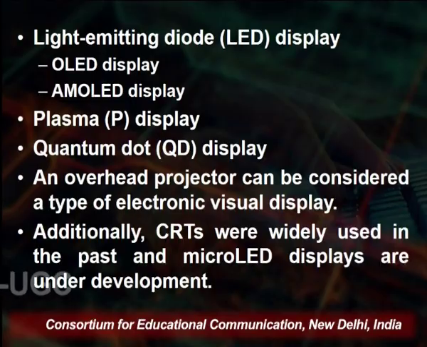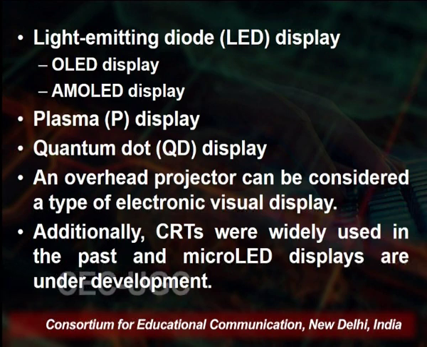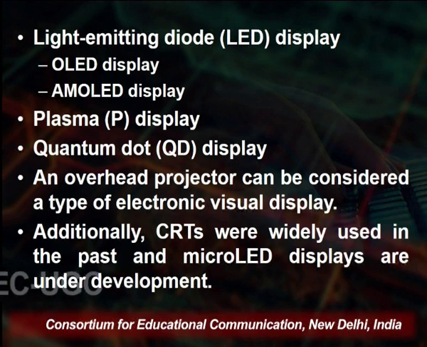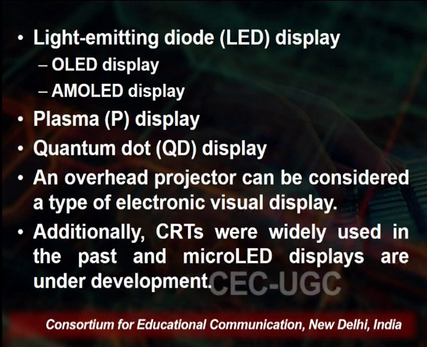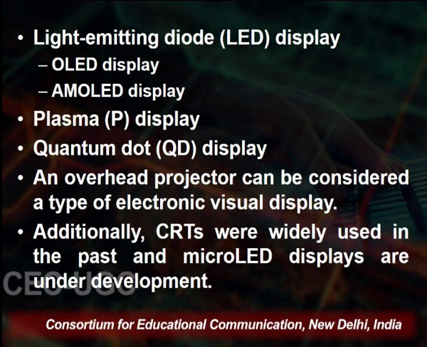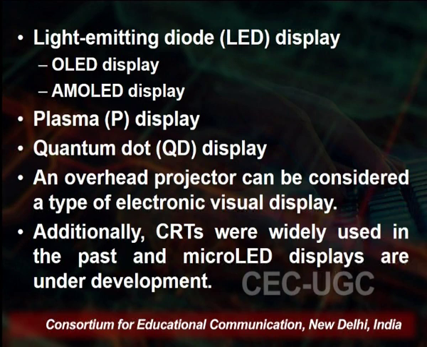Apart from that, we have the light emitting diode display, that is the OLED display, and another is the AMOLED display. Most of the time in electronic circuits we use a light emitting diode to display the output. Another display is the plasma display, also called the P display. Another type is the quantum dot display, that is the QD display.